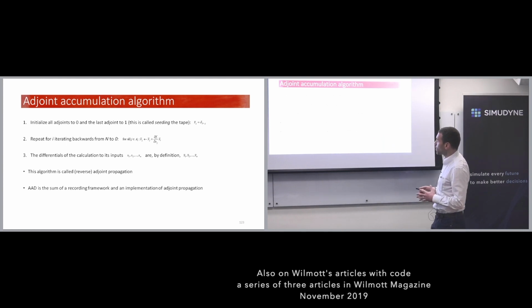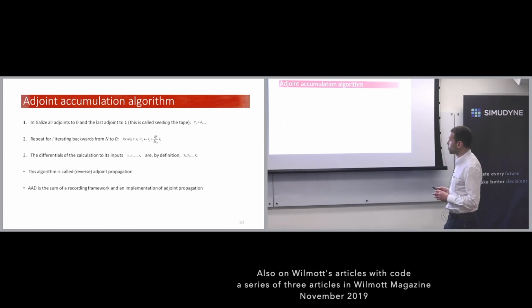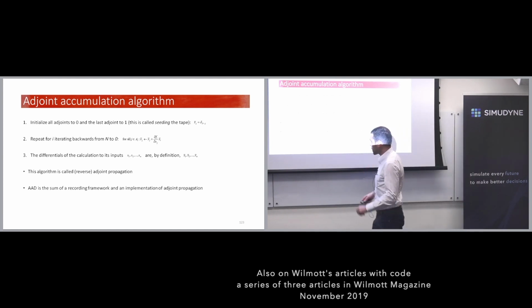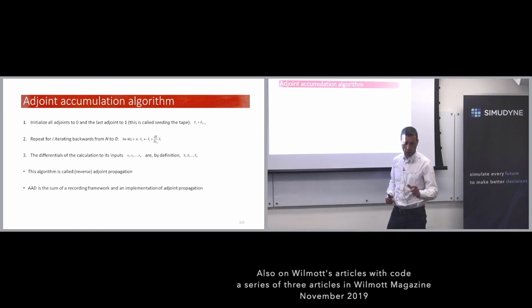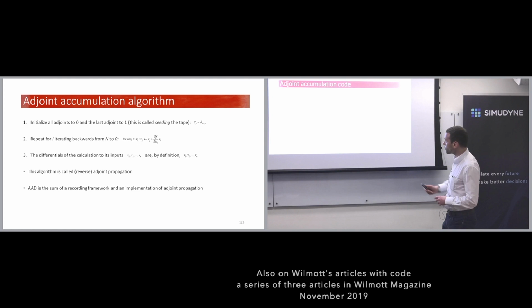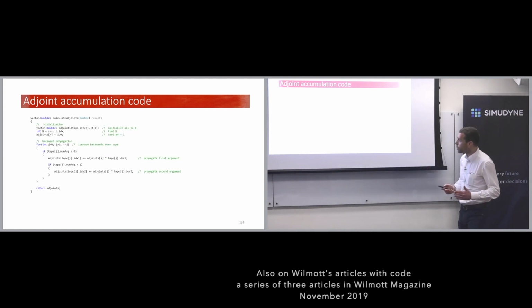This algorithm is called, well, many names. Reverse adjoint propagation, RAP, is one of them. And what is AAD then? AAD is the sum of 2 things: a recording framework, something that records all your operations on tape, and an implementation of this algorithm. The sum of the 2 is AAD. So this is the adjoint accumulation code. I'm not going to comment on it.